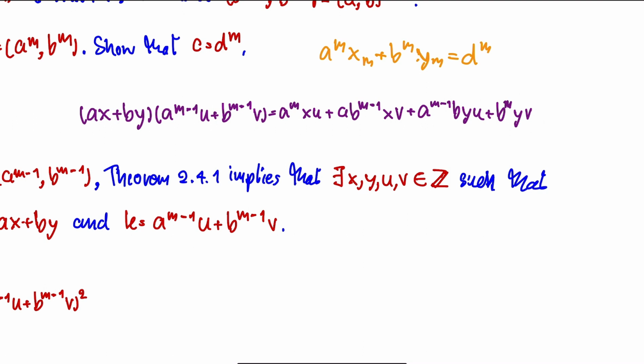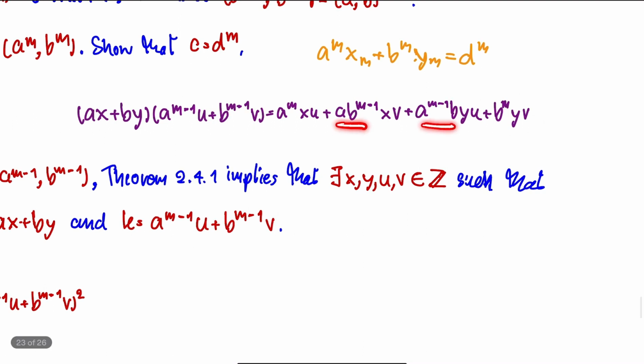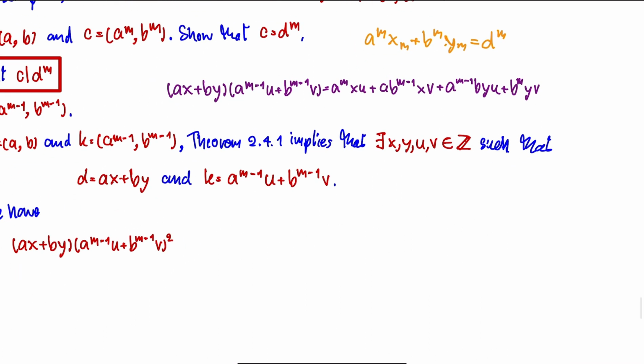As you can see, these two terms do not have a to the m or b to the m as a factor. So I have to make sure that all of these terms have a factor of a to the m or b to the m, so I have to raise to the power of 2. Okay, let's continue.